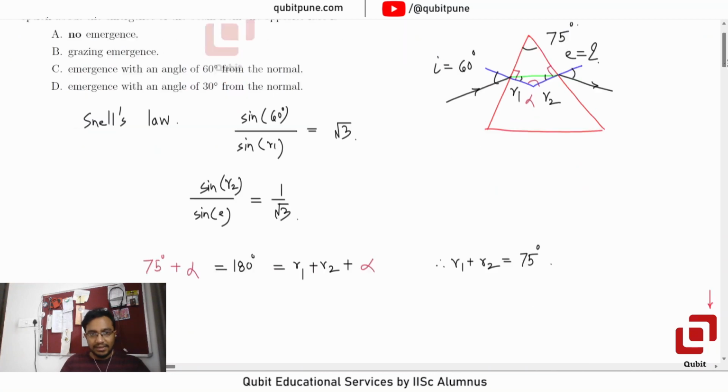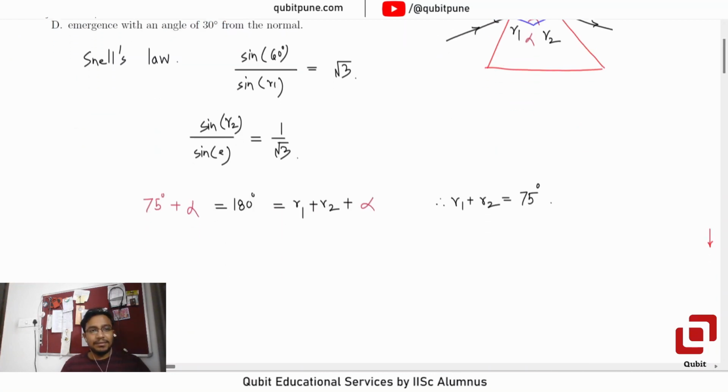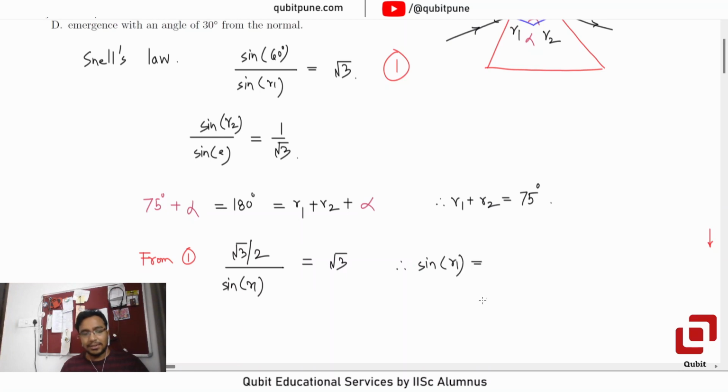Now we have these relations. Let us start with the first. Sin 60 is √3 by 2. Sin R1 we don't know, but we will now find it. So √3 cancels. Sin R1 will be 1 by 2.